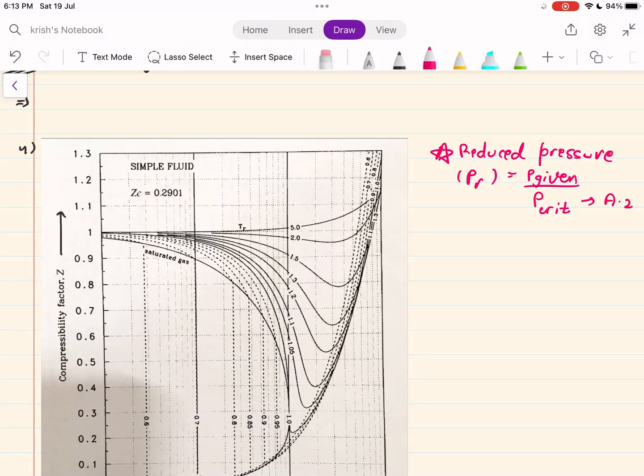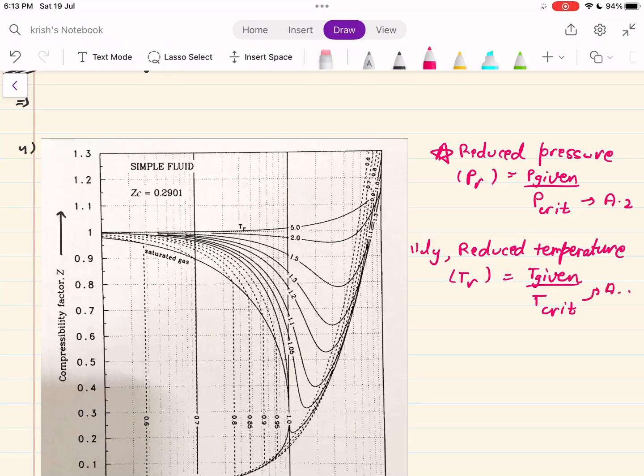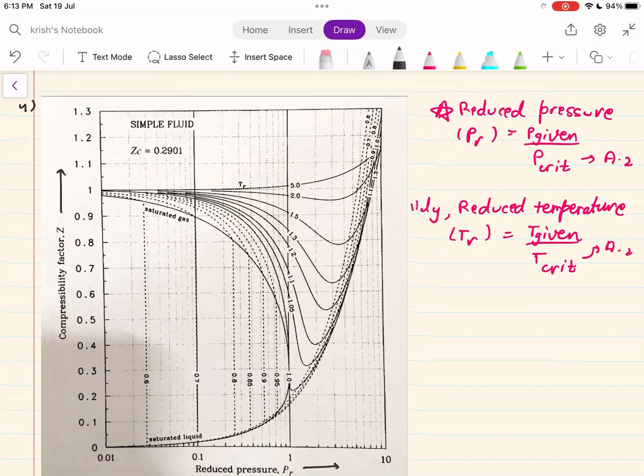And then similarly, we have reduced temperature Tr, which is given by T given by T critical. Again, you will get this from table A.2. And if you see carefully in this graph, all of these lines are for a given value of Tr.